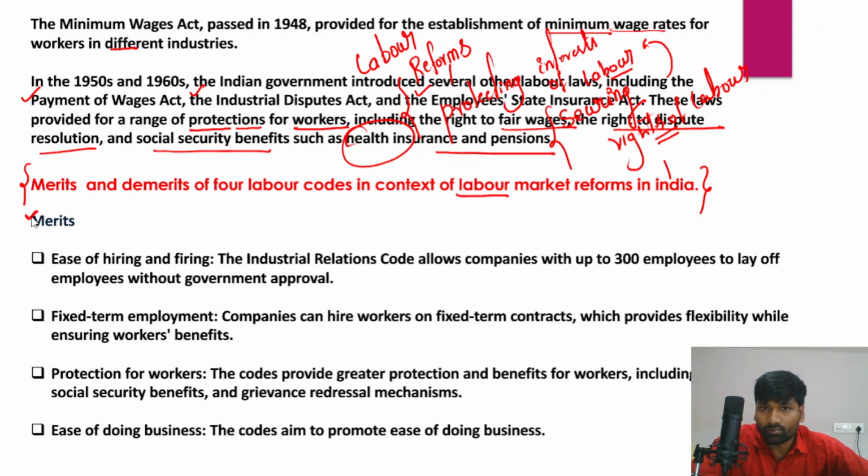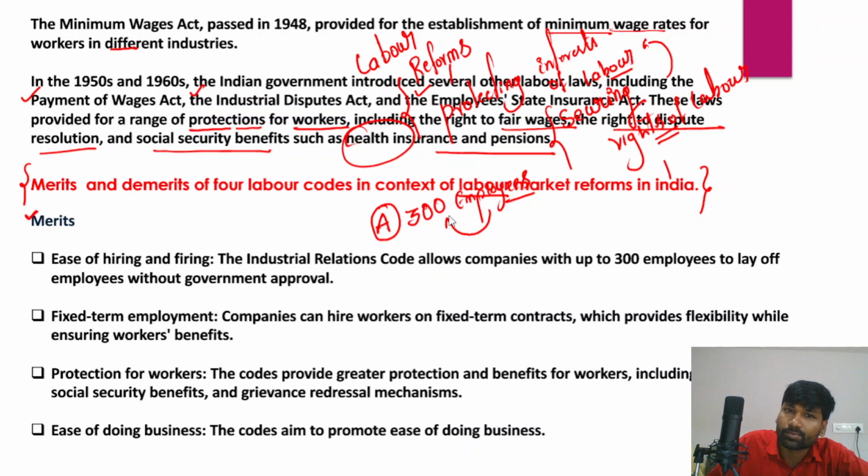For example, if there is an industry A and this industry employs up to 300 employees, so 300 employees have been working in this particular industry A. The industrial relations code, as one of the labor codes, allows company A to lay off or fire up to 300 employees without government approval.